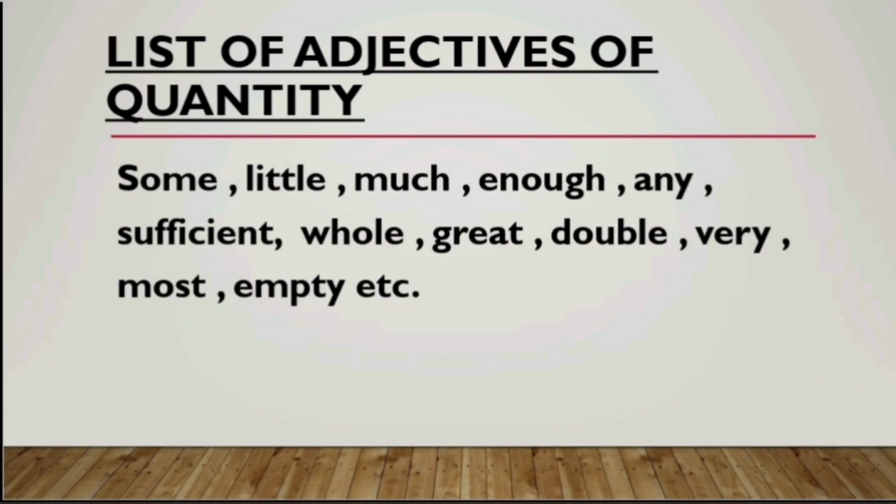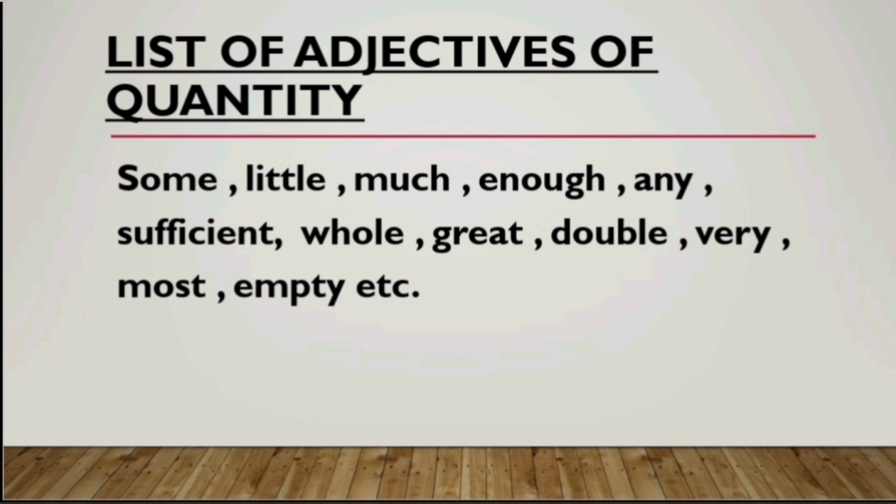So students, present before you is the list of adjectives of quantity, or you can say list of quantitative adjectives. You can use these different adjectives of quantity in company with your nouns to describe the quantity, to determine the quantity actually. So the list goes like this.